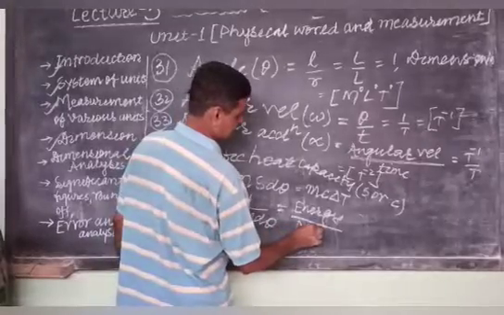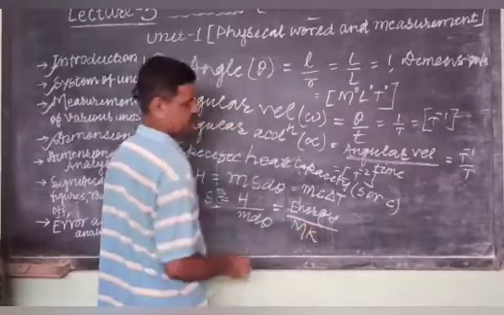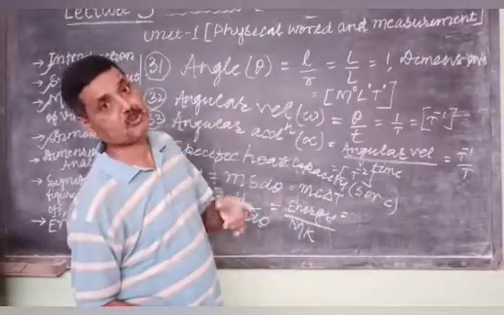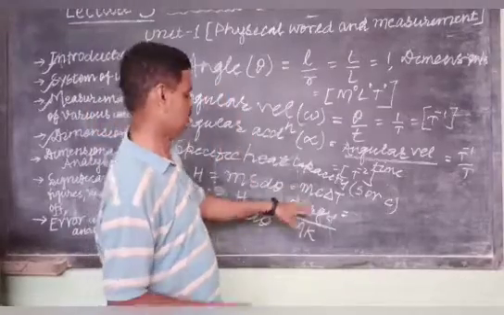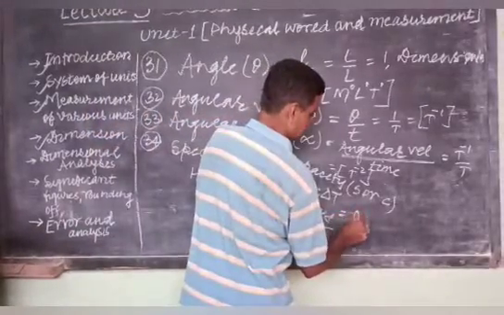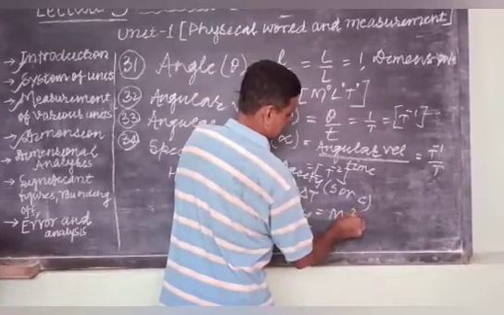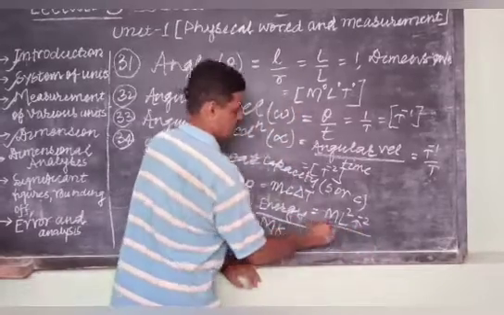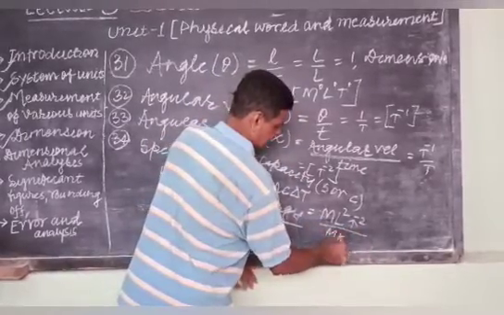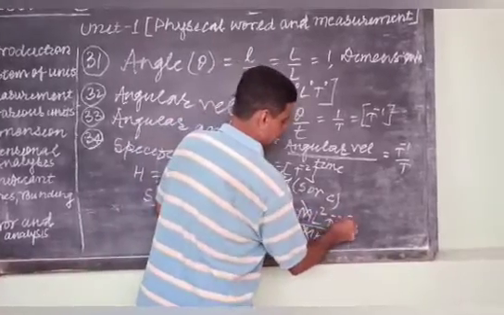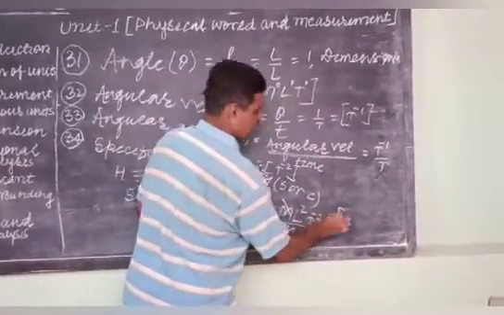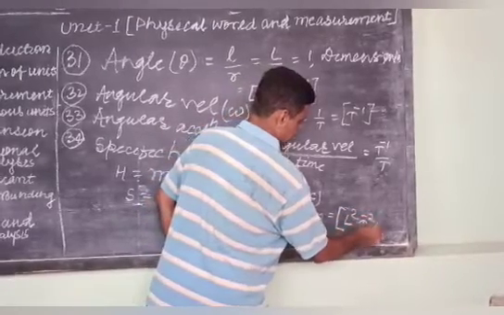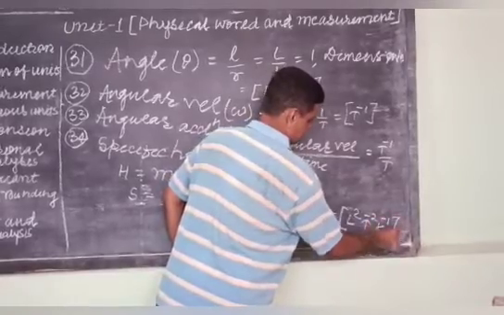Change in temperature can be written as K. Energy is equivalent to the dimension of work, and work is equal to m L square t to the power minus 2, divided by m K. This m cancels, and finally we will write L square t to the power minus 2 and K to the power minus 1.